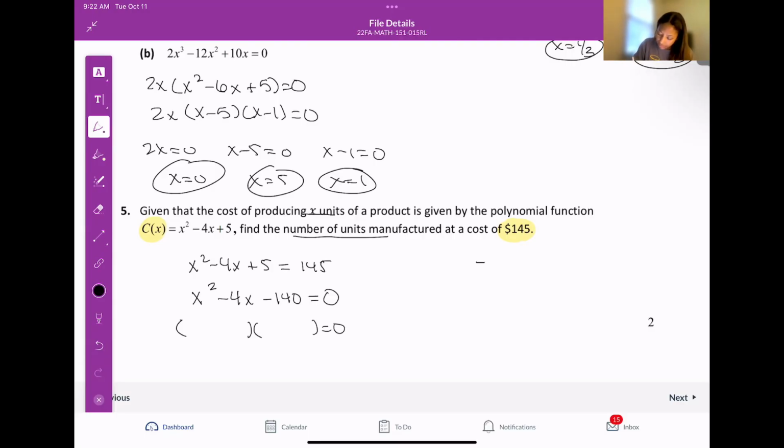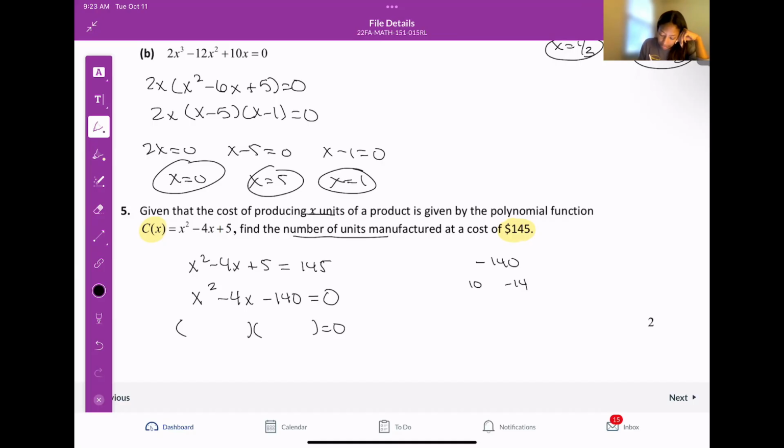We need factors of negative 140 that add to negative 4. All right, factors of negative 140. Oh, I got it. 10 and negative 14 would work. So 10 and negative 14 add to negative 4, multiply to negative 140.